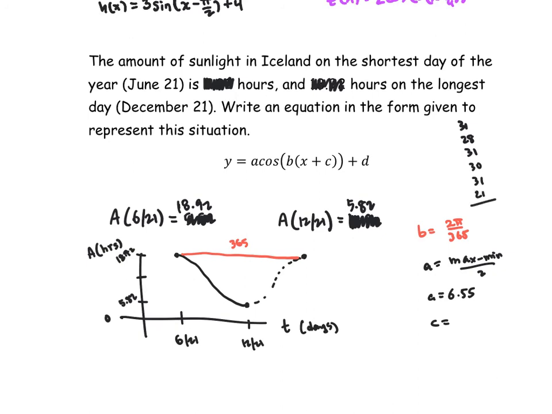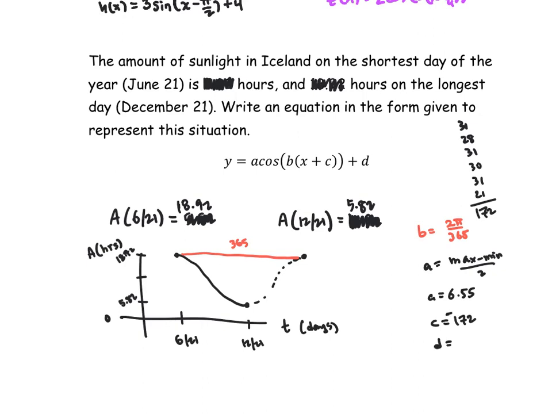Let's add those up, and that'll give us the day number. So 3 times 31 plus 28 plus 30 plus 21. That's number 172. So C is 172. And actually it's negative 172 because we want to shift to the right.